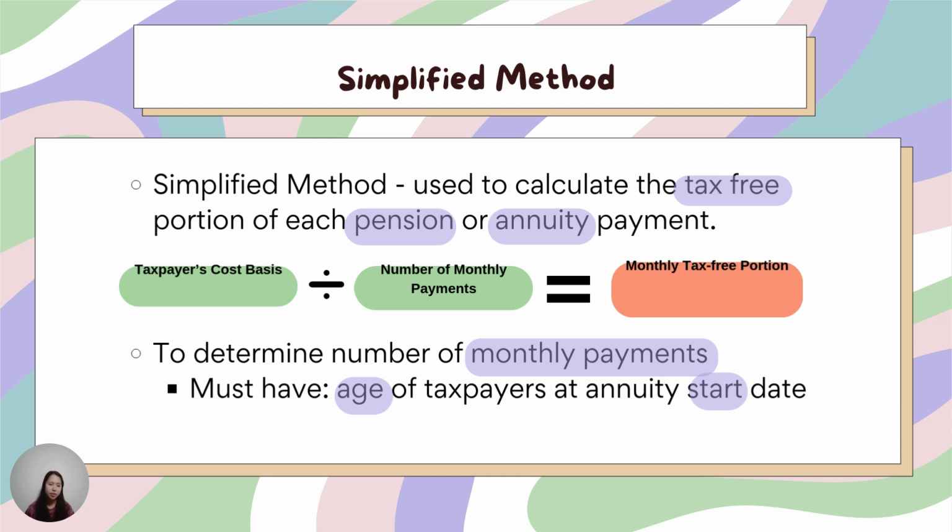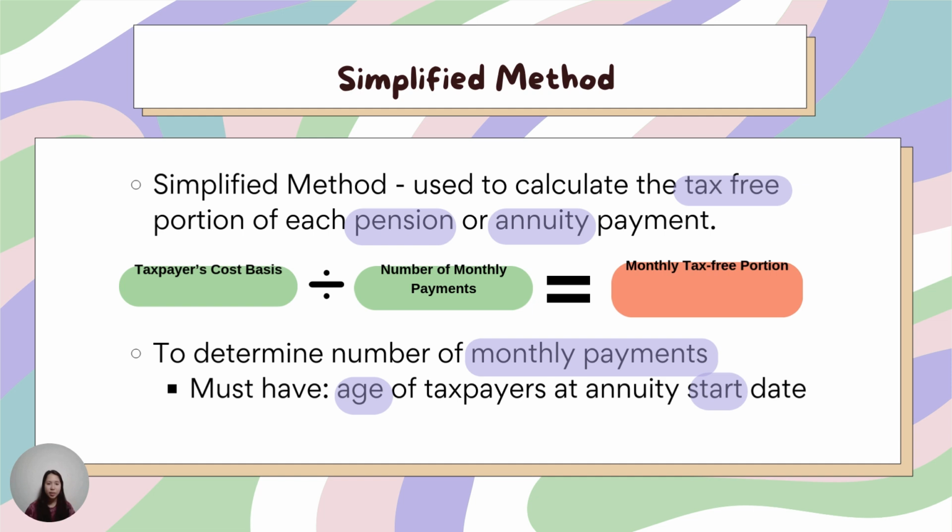So that's how much money of the distribution they won't have to pay tax on. If you subtract that from the total portion of the distribution of the pension or annuity, then you get the taxable portion, and that's the money that the taxpayer would need to pay tax on when they get a distribution from an annuity or a pension.